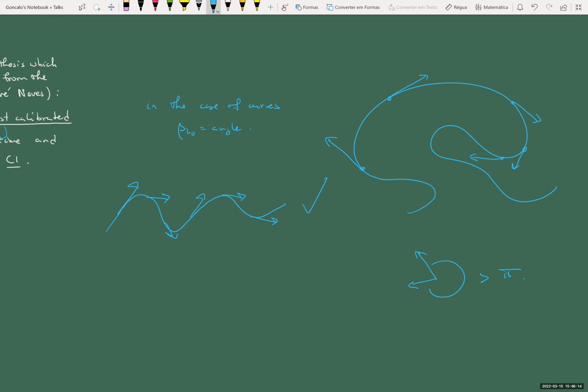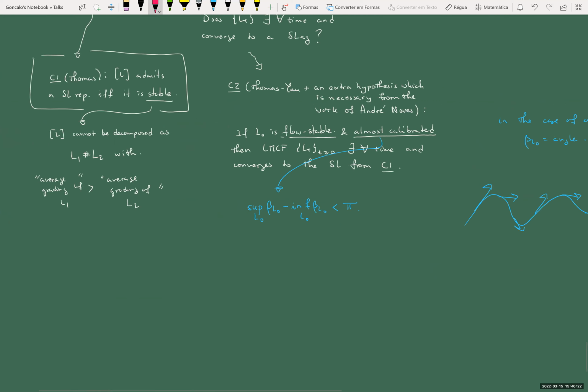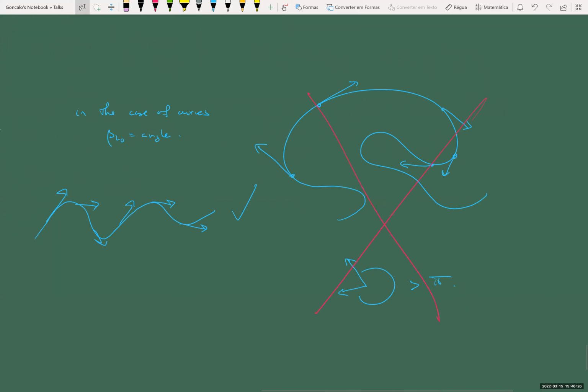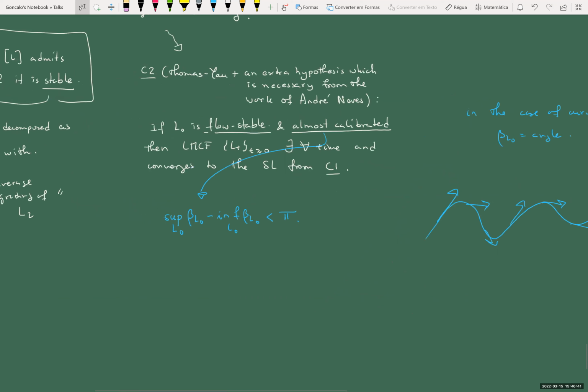So you cannot have this one. I'll just cross it out. This is not almost calibrated. Basically the idea is that if you started with something like that, the danger is that some component of it, some neck that it has, will shrink and pinch off the rest. It doesn't happen for curves, but it happens in higher dimensions. That's what André Neves showed.